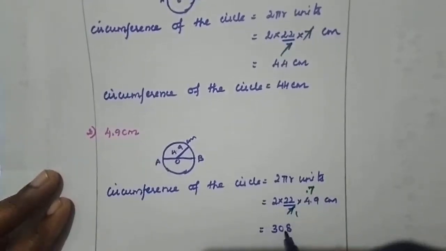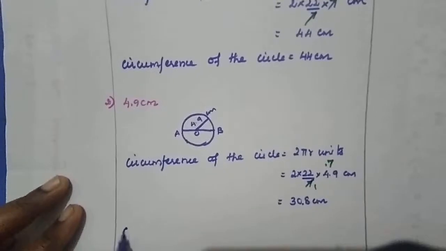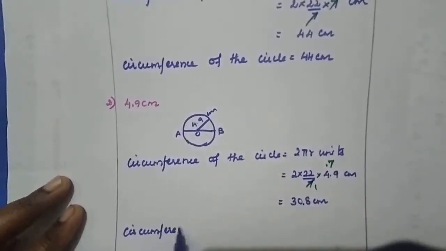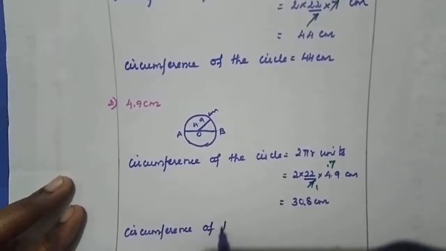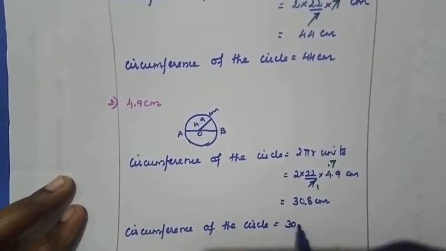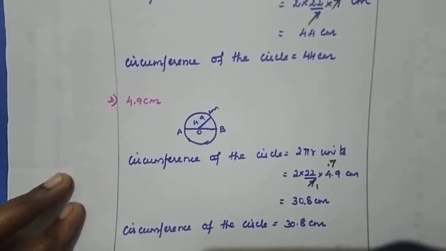So after one digit, here also we have to keep the decimal point. That is 30.8 centimeter. So circumference of the circle is 30.8 centimeter. Is it clear, children? Yes.